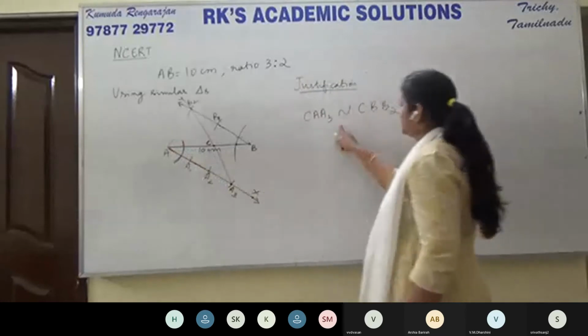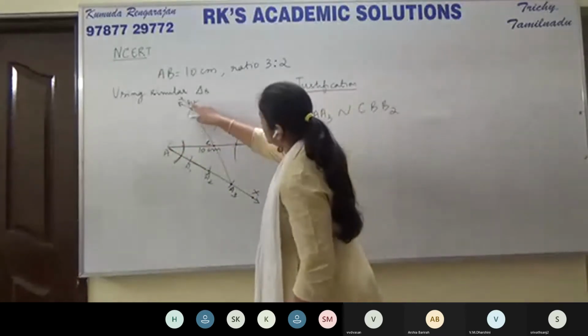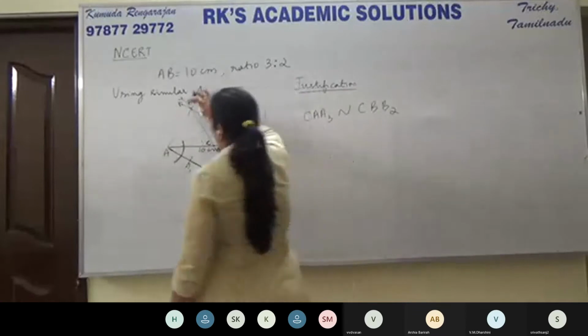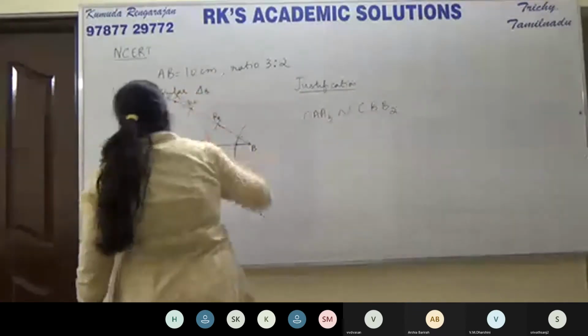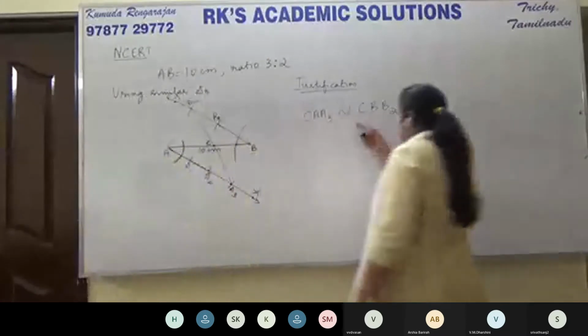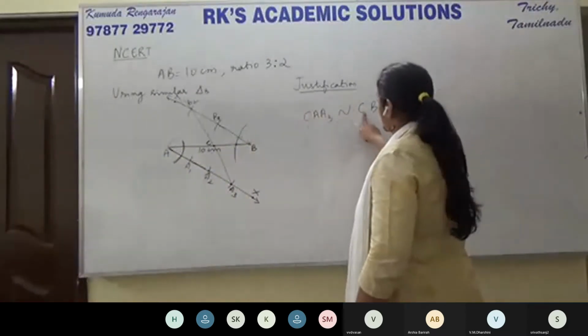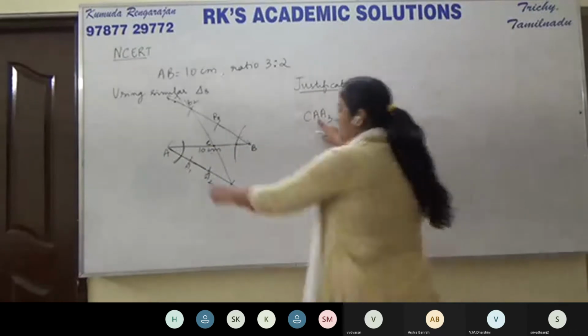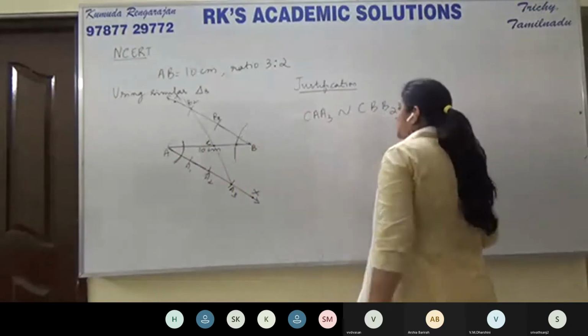CAA3 is a triangle. And the other triangle is CBB2, not Y. Y is a point on the ray. So these are the two triangles. We have matched their corresponding angles. Vertically opposite angles are equal. The angle at A is equal to the angle at B. Then A3 and B2.